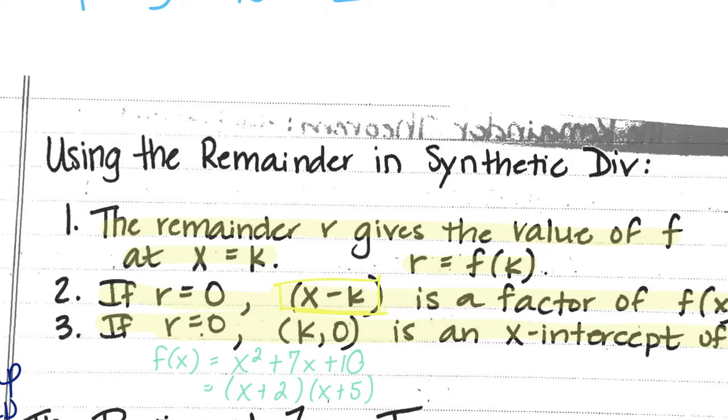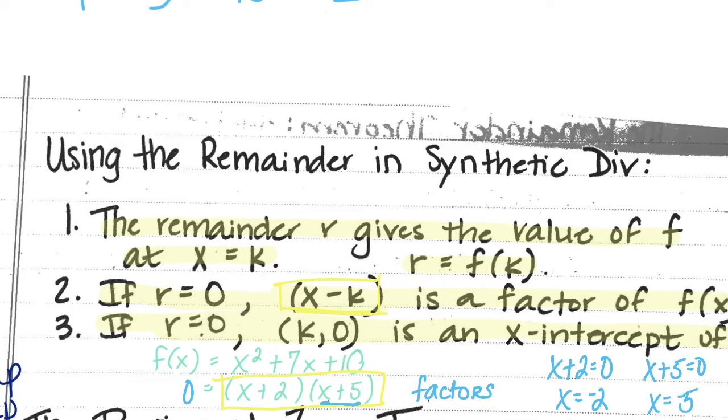x minus k is a factor. So these are called factors right here. When I actually take the time to solve, meaning I'm going to set each of these up to 0, x plus 2 equals 0. So when I subtract 2 over, x is -2. x plus 5 equals 0. When I subtract the 5 over, x equals -5.